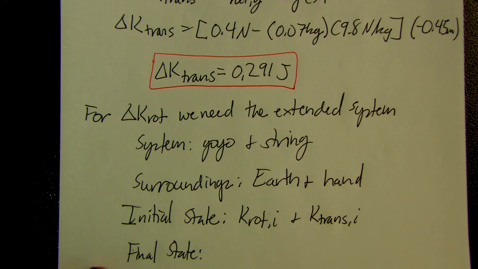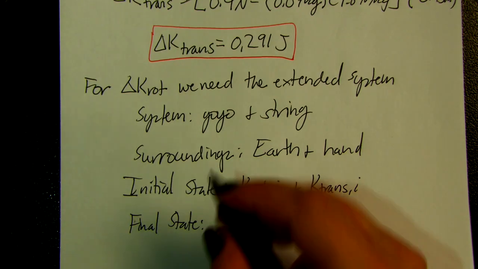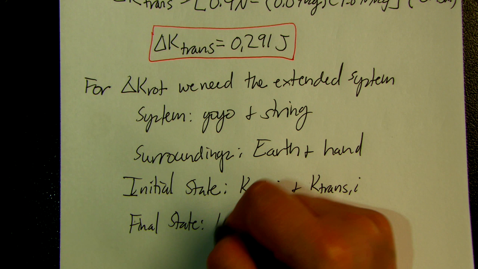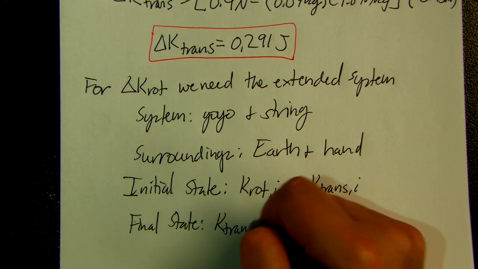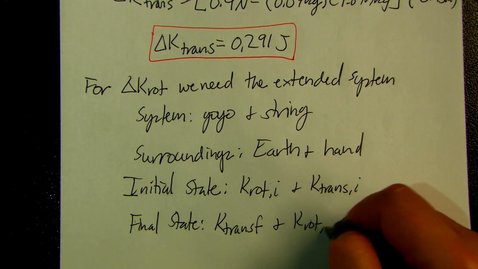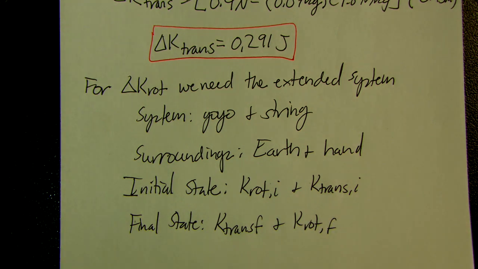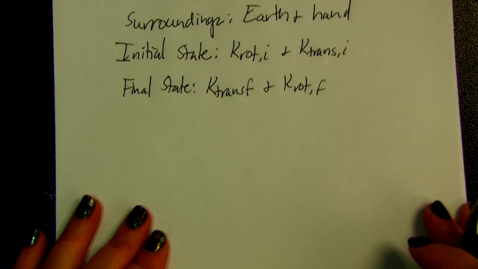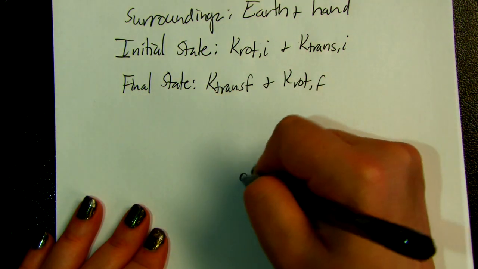And I hope you've been noting that when you do the extended system, the translational aspect of it is a part of it. It's just not the whole of it. So we would have some translational final and some rotational final.